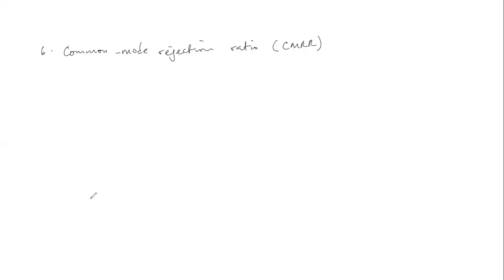Okay, so how well is it able to amplify the signal when we have both terminals not being the same, where Vp is the same as negative Vn, that is for the differential signal. And also when we have the common mode signal where Vp is the same as Vn. Okay, so it is a figure of merit of the differential amplifiers, and it should be high. The value should be high.